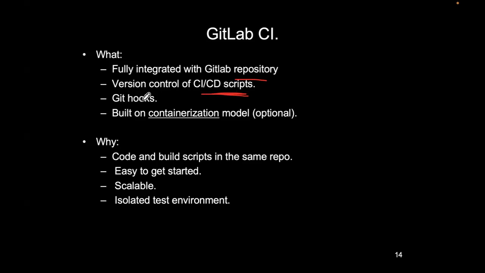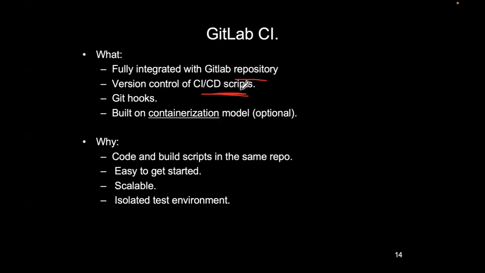Git hooks, that's all right. Let's skip over that. Coincidentally, it's actually built on top of the whole containerized model, and that will become very evident when we start looking at the detail of these CI/CD scripts.